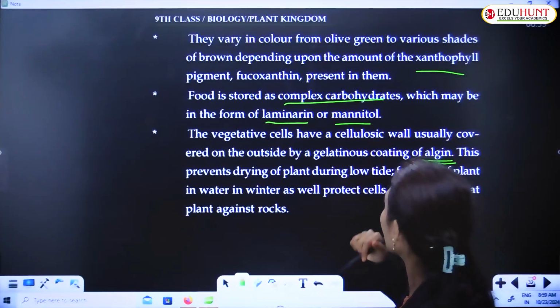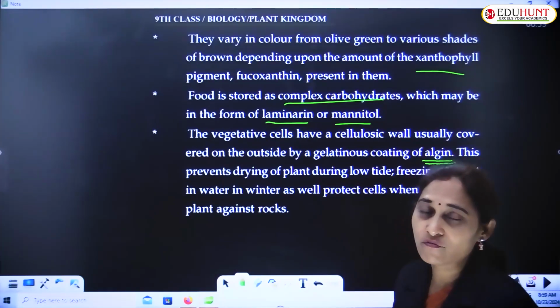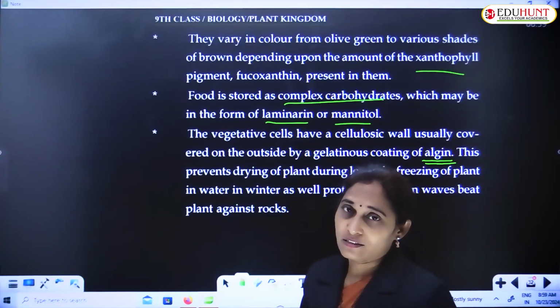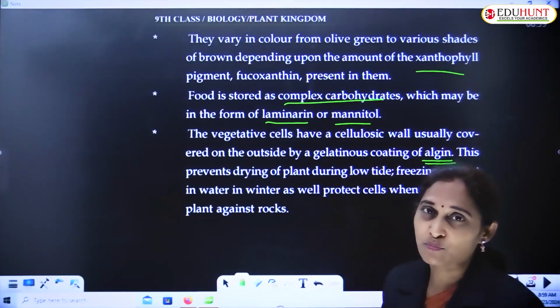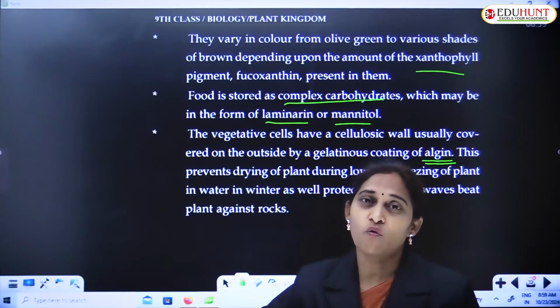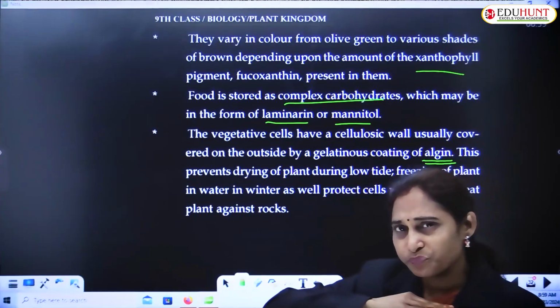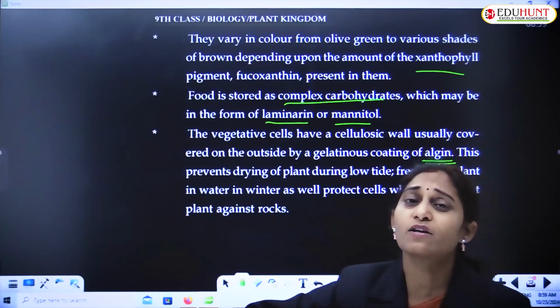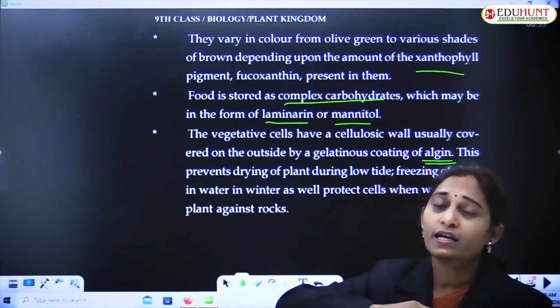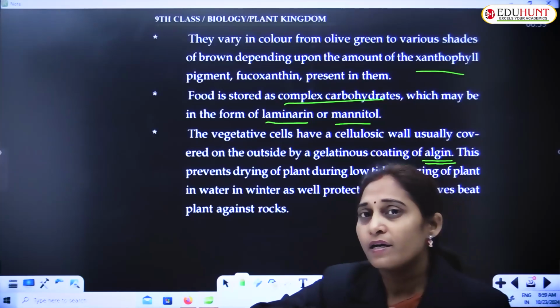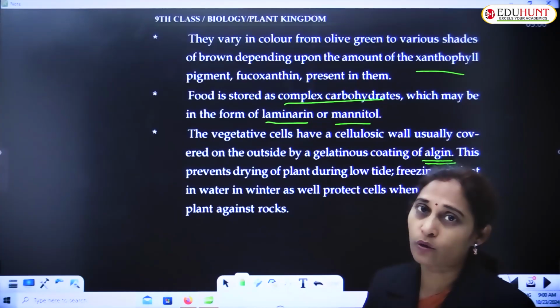Though these are marine algal members, they may face desiccation condition, that is dry condition, sometimes because of the movement of the water, because of the waves and tides. They may hit the rocks and may be carried through water currents and placed at the shore.